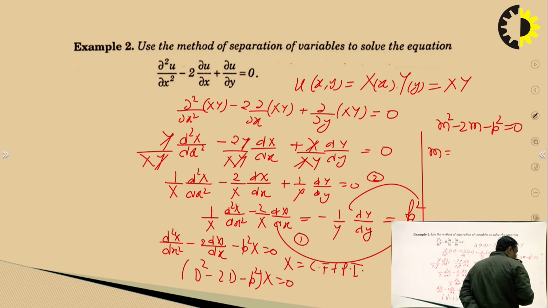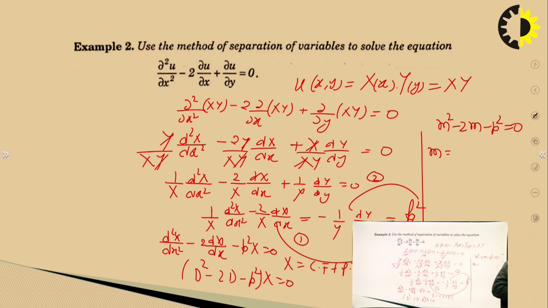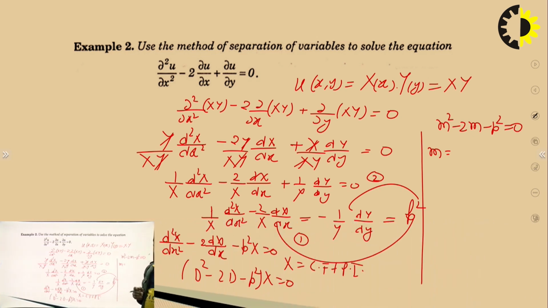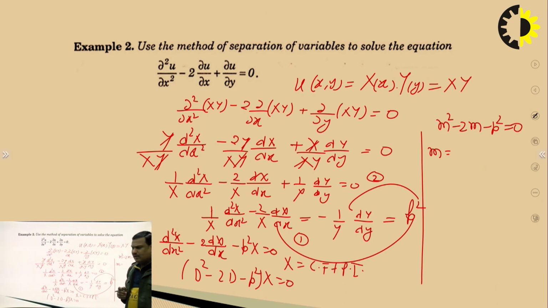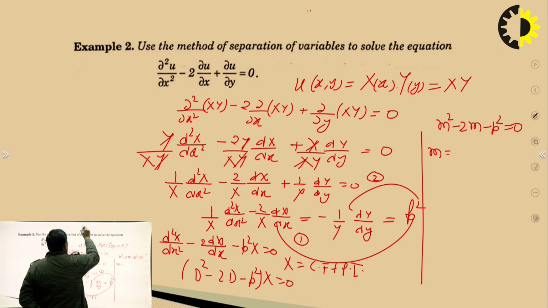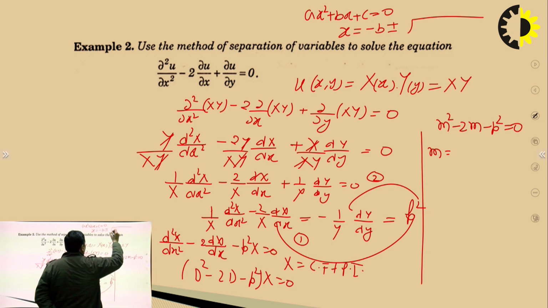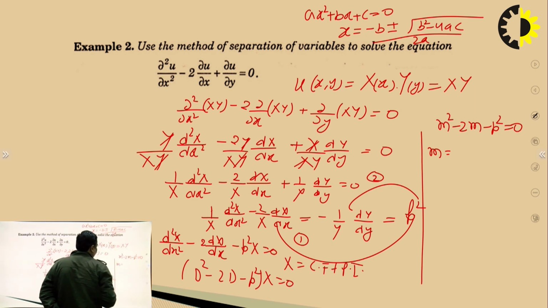For solving such type of equation, there are no real roots, so we have to use the Sridharacharya principle for solving such a quadratic equation. And what is the principle? For ax² + bx + c = 0, x equals minus b plus minus under root b² − 4ac upon 2a.